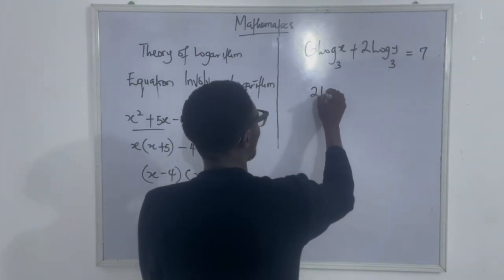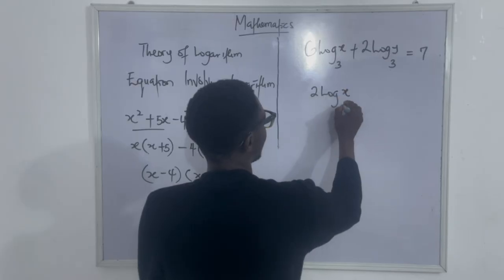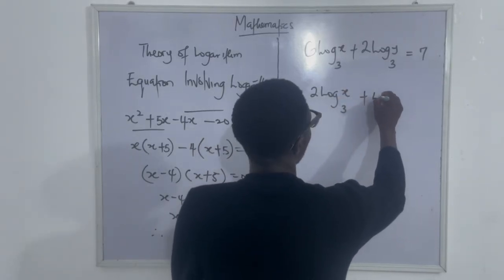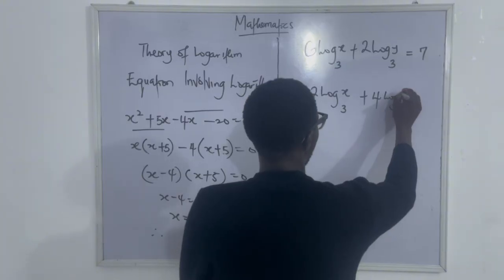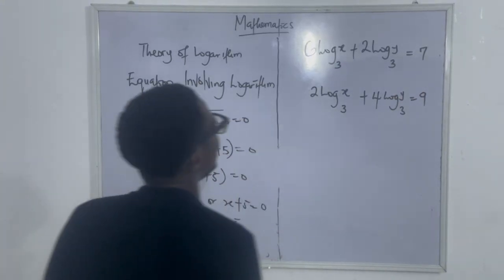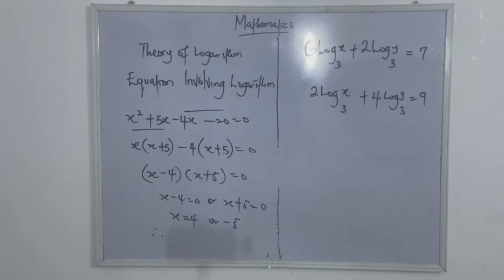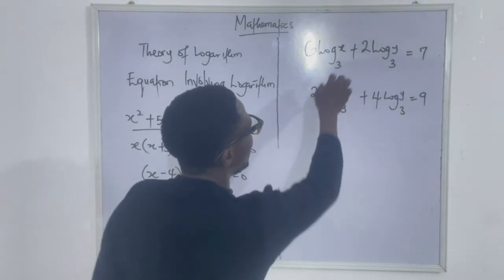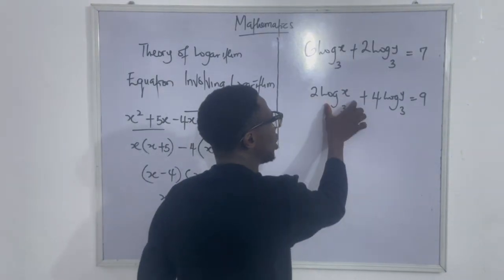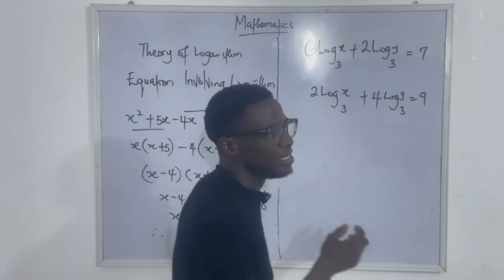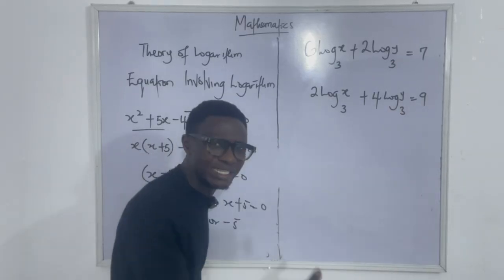Now, 2 log x base 3 plus 4 log y base 3 equals 9. Given this kind of equation, what comes to your mind? We have log x base 3, log x base 3, log y base 3, log y base 3. So, these things are very easy.